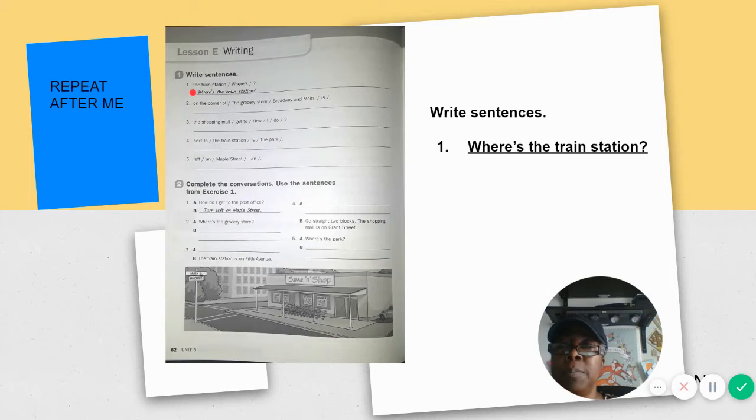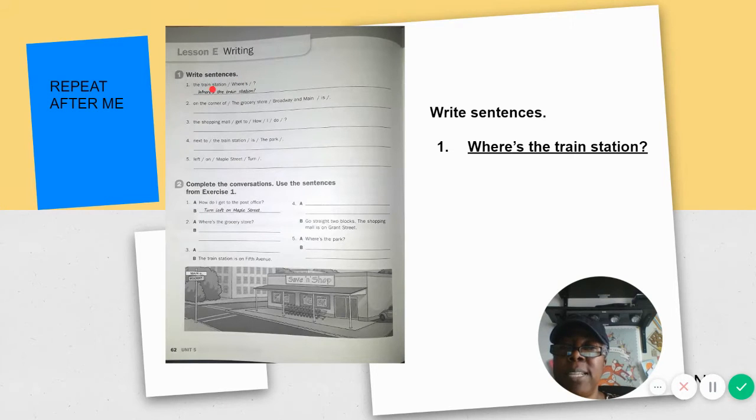So number 1, we have the train station, and then we have where's, right? And then we have a question mark. So we are supposed to make a sentence using these 2 different sections. And they want us to put it in order. So you're going to write the sentences, you're going to put them in the correct order using this information.